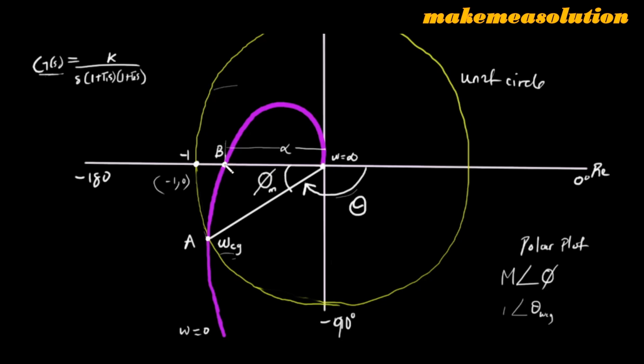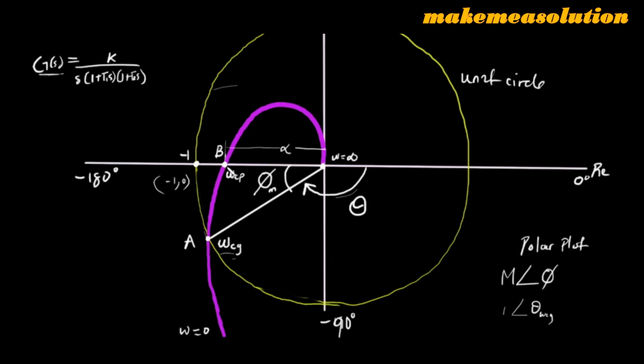The frequency that gives rise to this function having a magnitude of alpha is what we call the phase crossover frequency. The phase crossover frequency, we write it as WCP. Simply put, the phase crossover frequency is the frequency when the magnitude of this function lies on the minus 180 degree line.